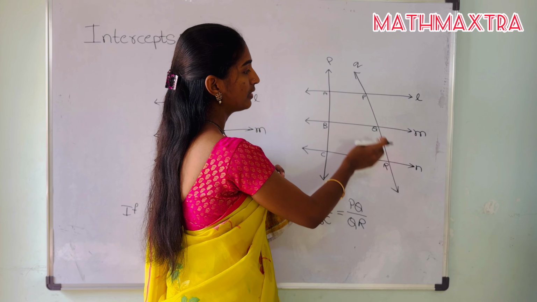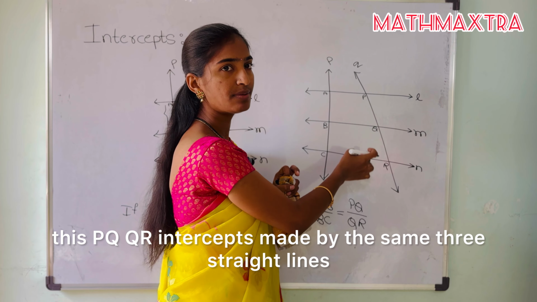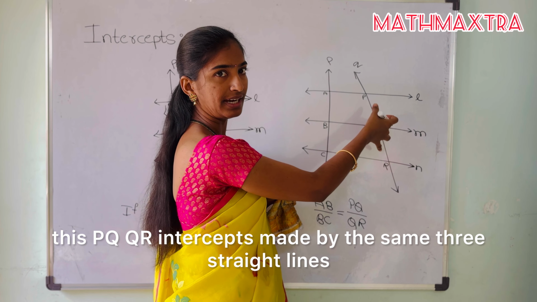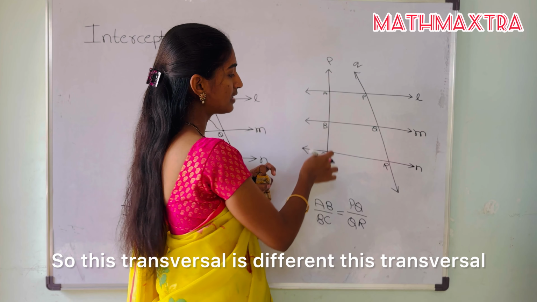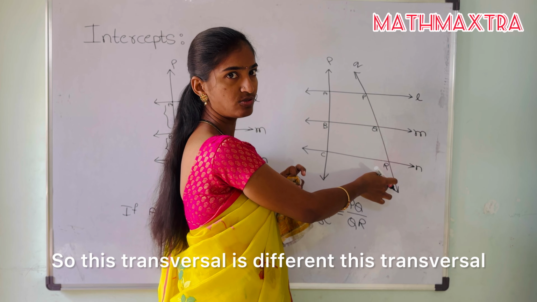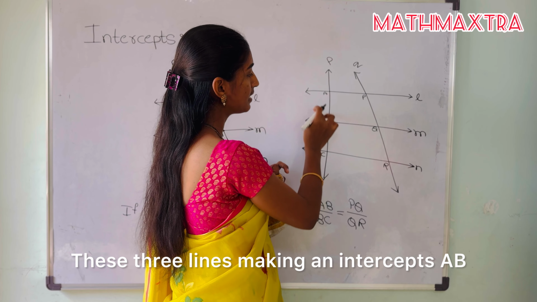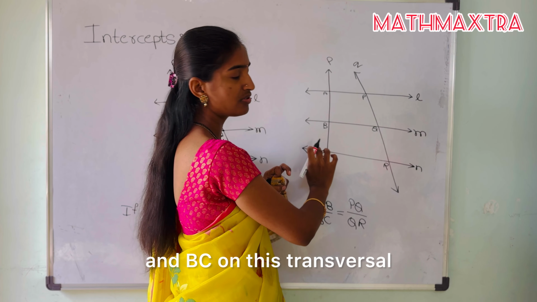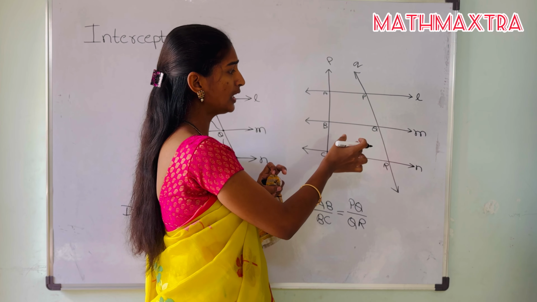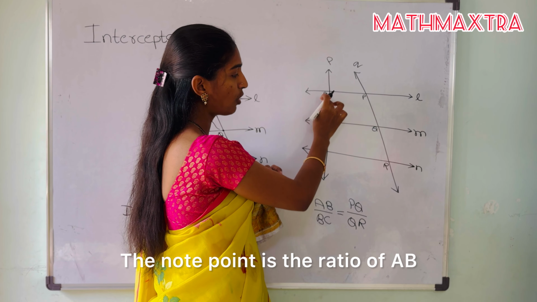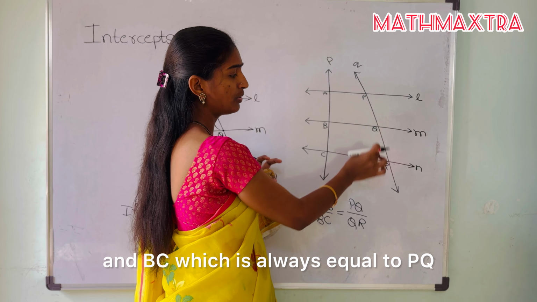These are the intercepts made by the same three straight lines but on a different transversal. These three lines make intercepts AB and BC on this transversal and PQ and QR on the other transversal. The ratio of AB and BC is always equal to PQ and QR.